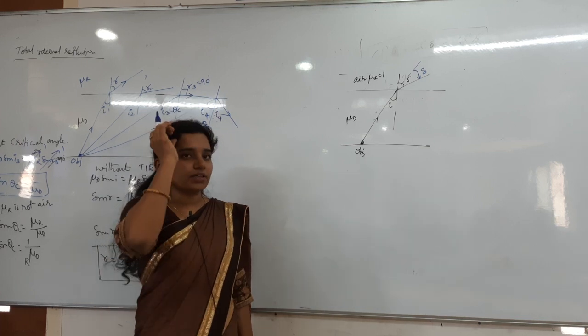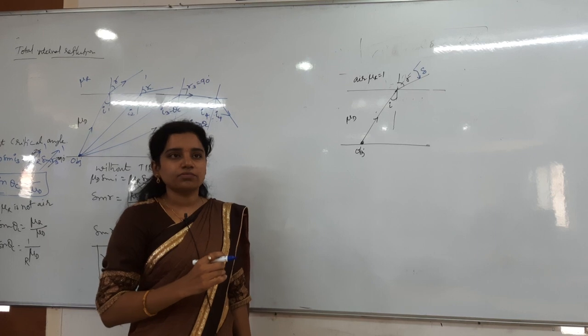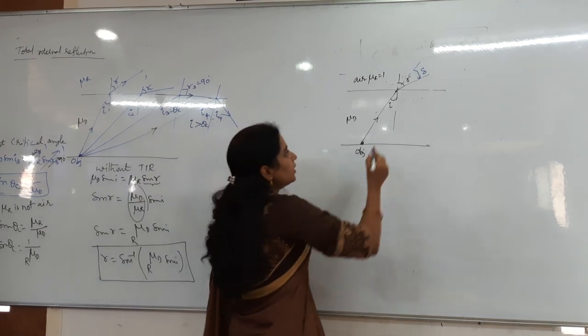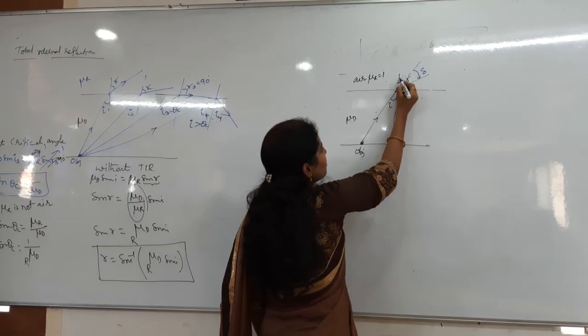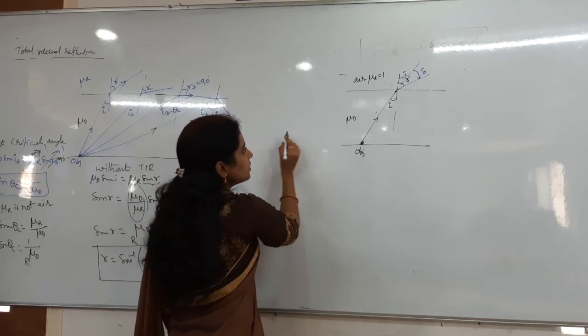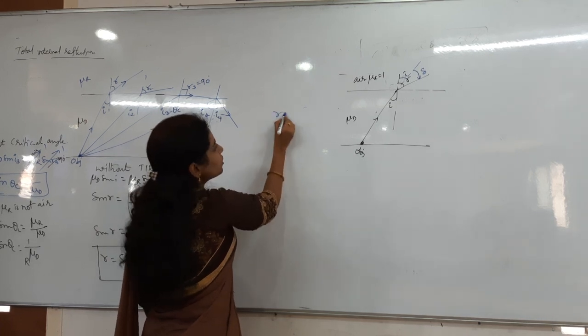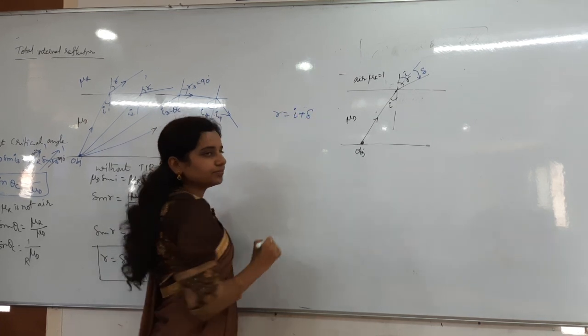How much is that angle of deviation here? Can you tell me? Delta in terms of I and R is how much? If this is I, then this is also I. Now, you have to get delta, right? R is equal to I plus delta. Correct?